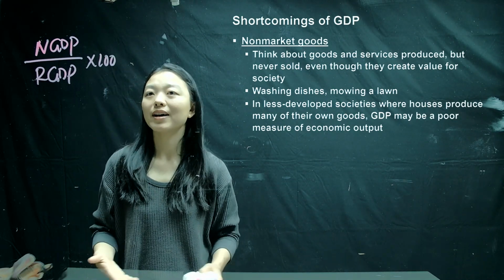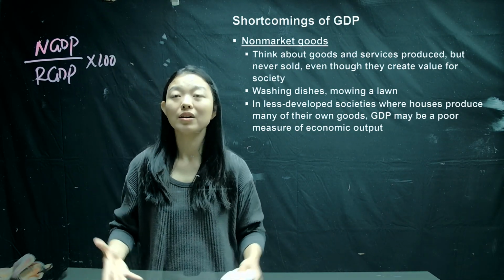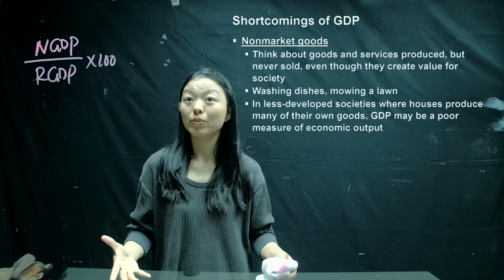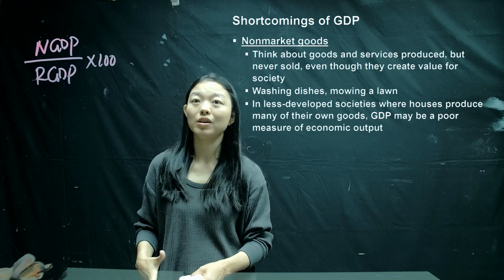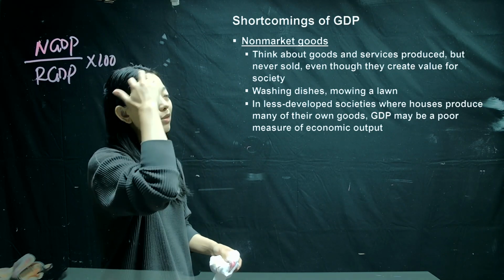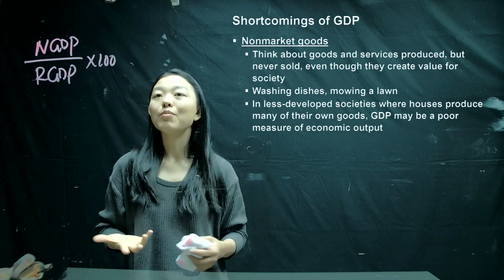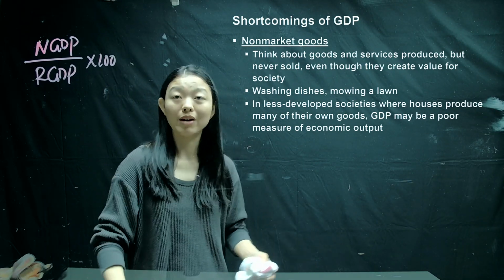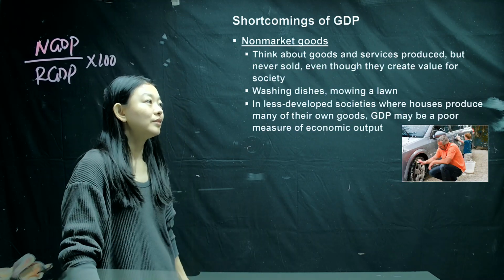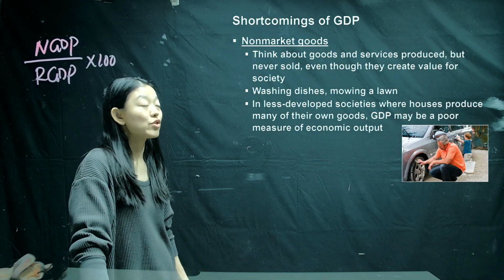And in less developed countries, those types of outputs could be substantial. However, they aren't included in GDP. This is what we mean when we say GDP doesn't include non-market goods, which creates some bias in the calculation of GDP. This is the first shortcoming.